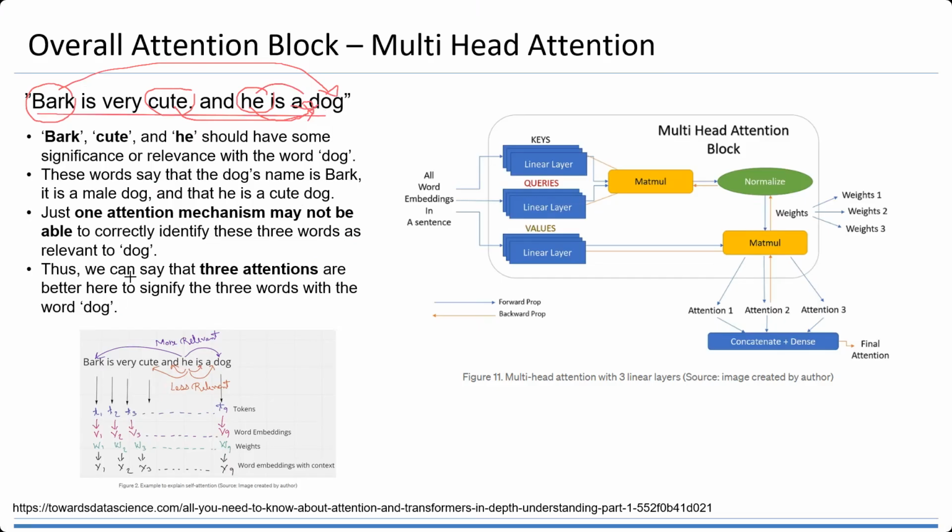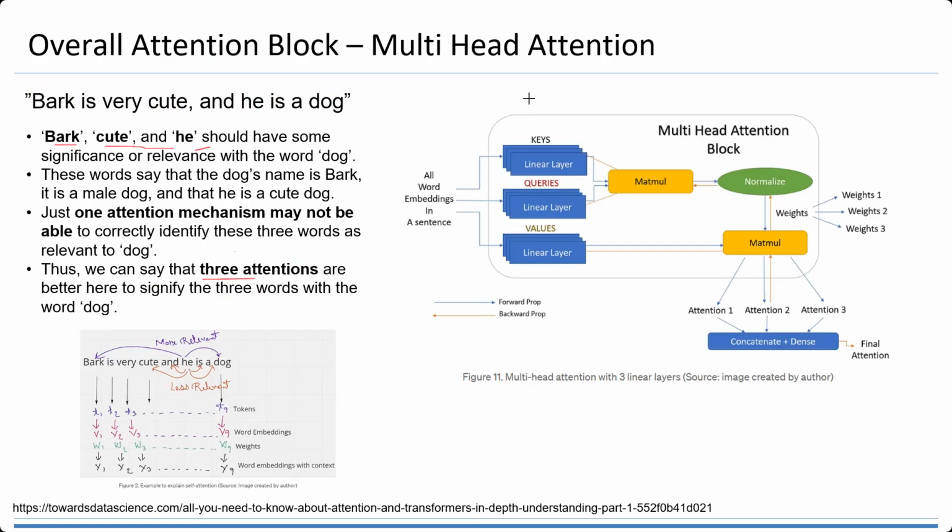So we can say that 3 attentions are better to signify the 3 words with the word dog. Then we will focus on those 3 words. That's why we will need 3 attention.